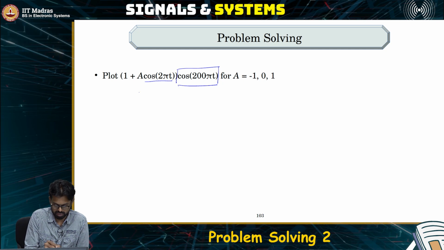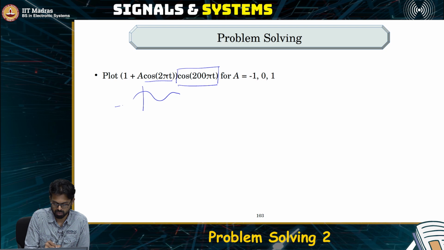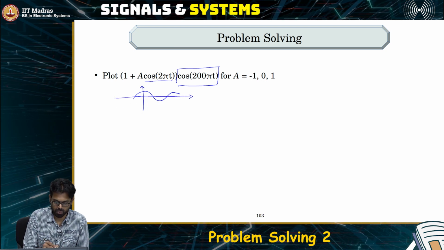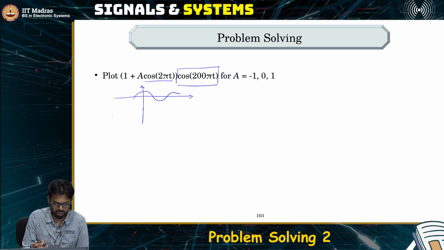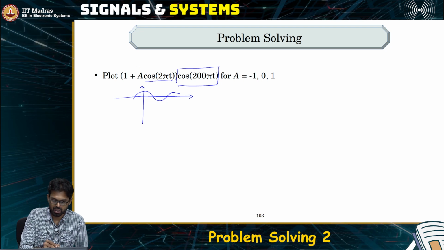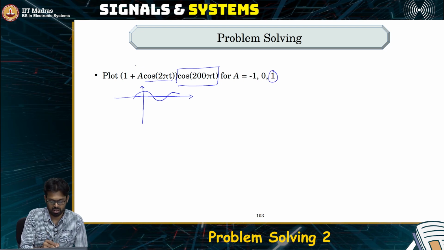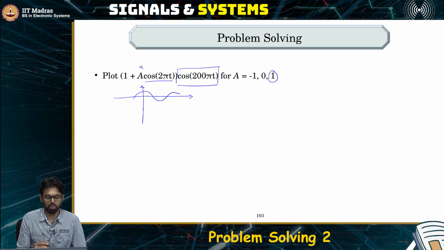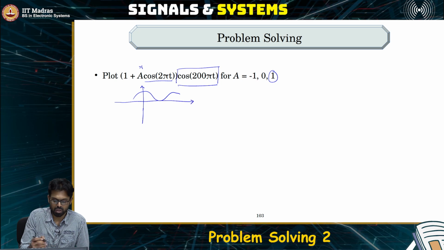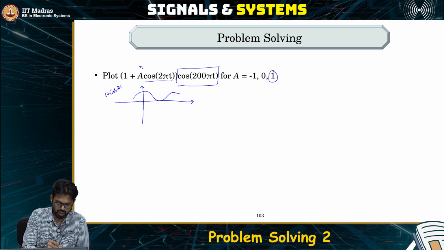So we have cos 2 pi t, and you are adding 1 to it, which means it's just a DC shift. So let's say A is, let's start with 1. So 1 plus cos 2 pi t would have been just, so this is 1 plus cos 2 pi t.